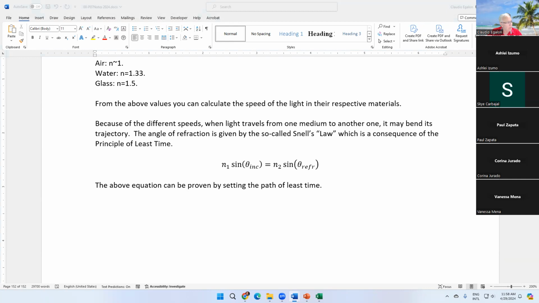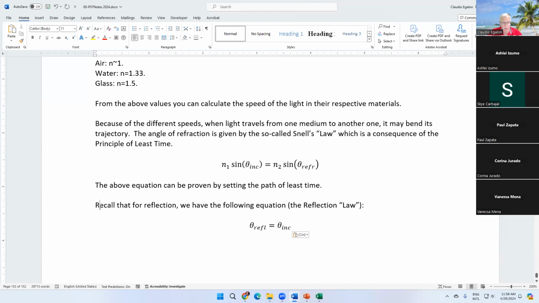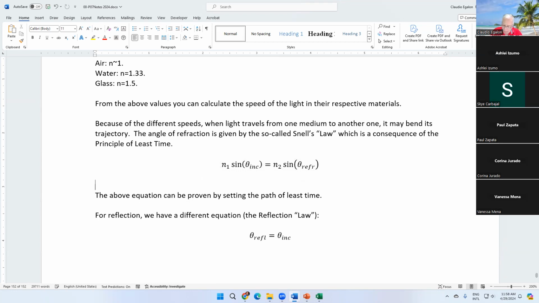So recall that for reflection, we have a different equation. Now, don't forget the angle of incidence.